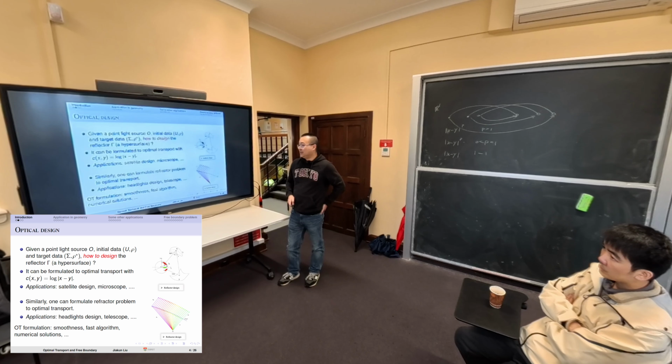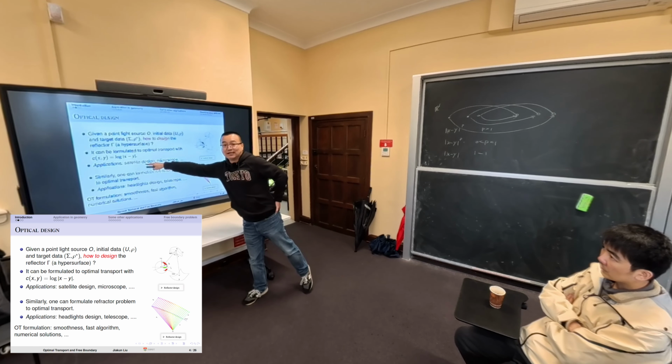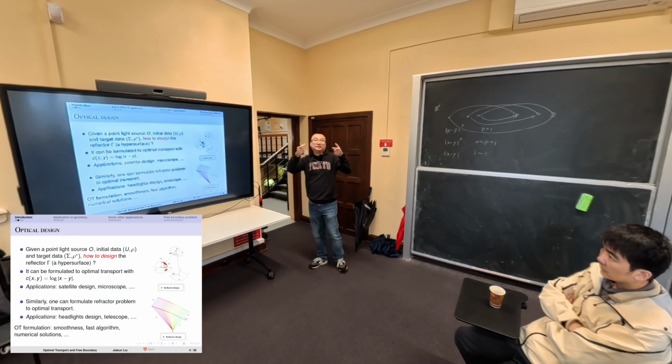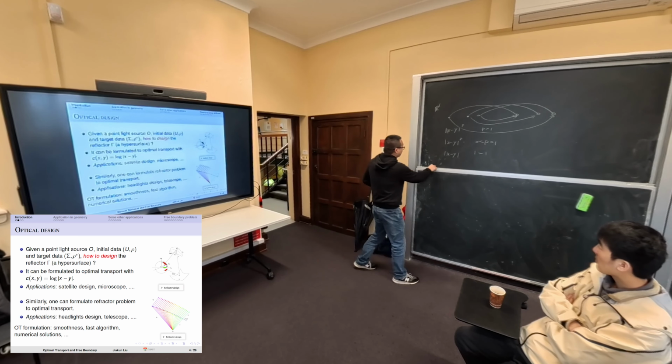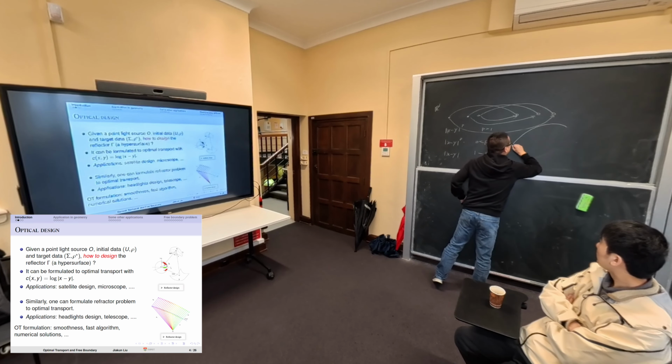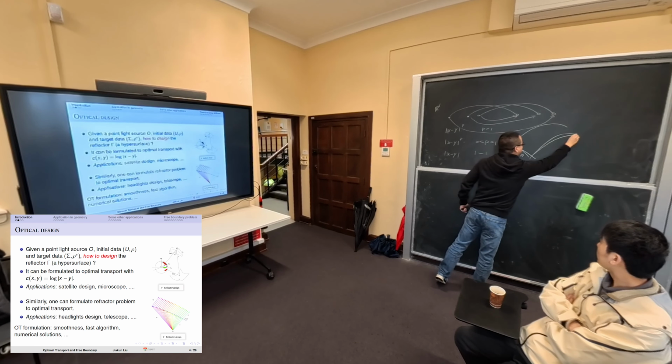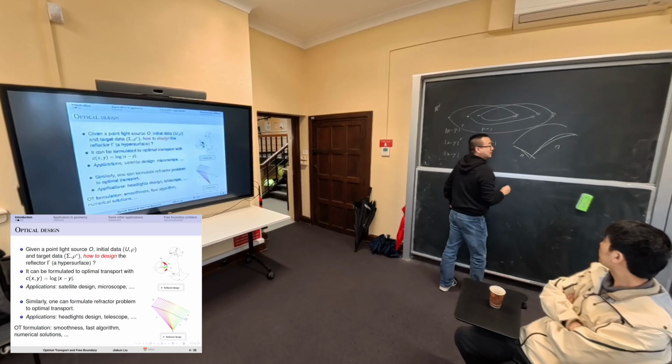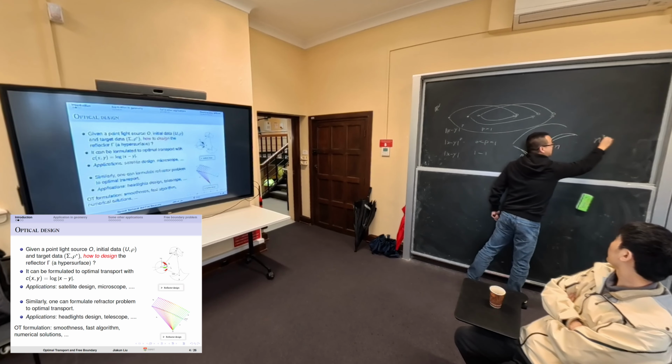So what's the advantage of formulating this kind of problem into optimal transport? One of the reasons is, if we look at the satellite design, the satellite is actually many small pieces put together. It's not smooth. It's a lot of small mirrors put together. So imagine the hypersurface, okay, you have n small mirrors here, you have n small mirrors there, so in total you have n square small mirrors.